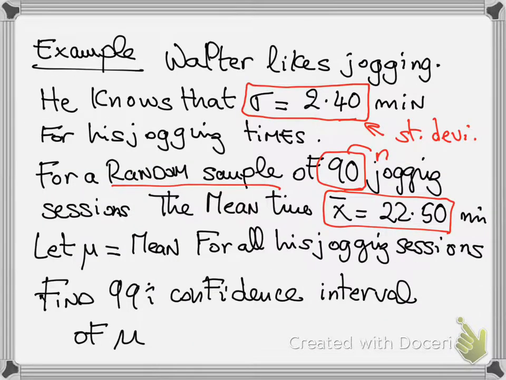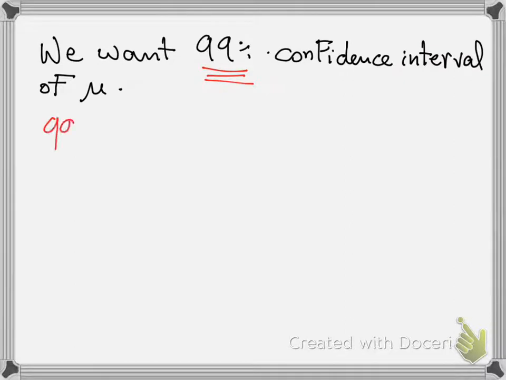So 99% means that this critical value, Z alpha, is equal to 2.58.